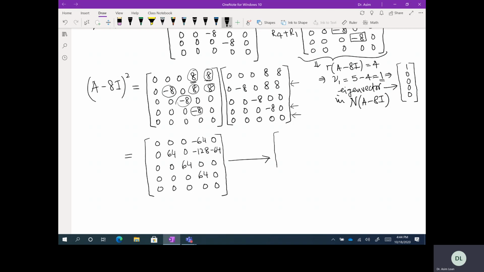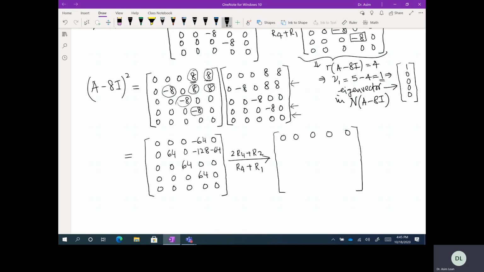And if I do the reduced row echelon form just to see what is the rank here and what are the eigenvectors, so let's see. I do 2 times row 4 plus row 2, and I also do row 4 plus row 1. If I do row 4 plus row 1, this will go to 0. So 1, 2, 3, 4, 5 zeros here.